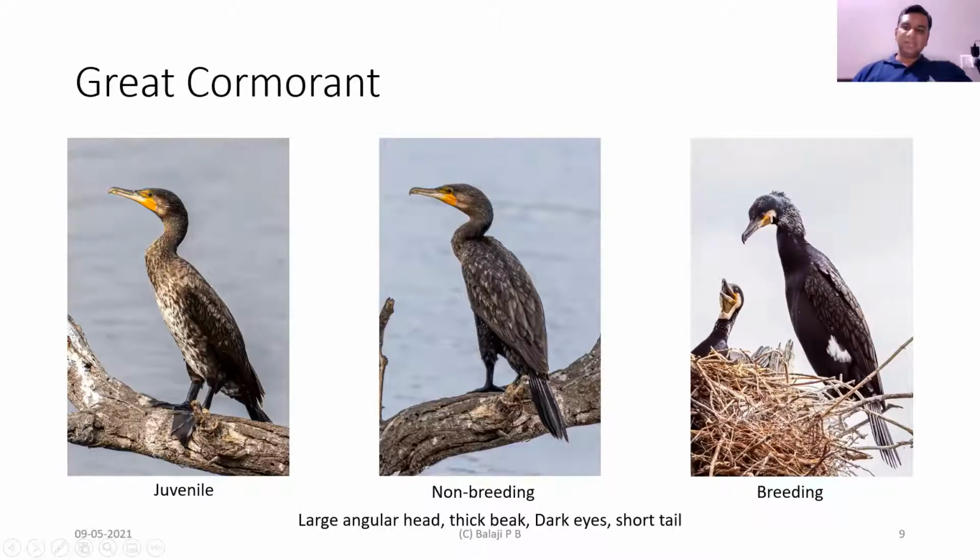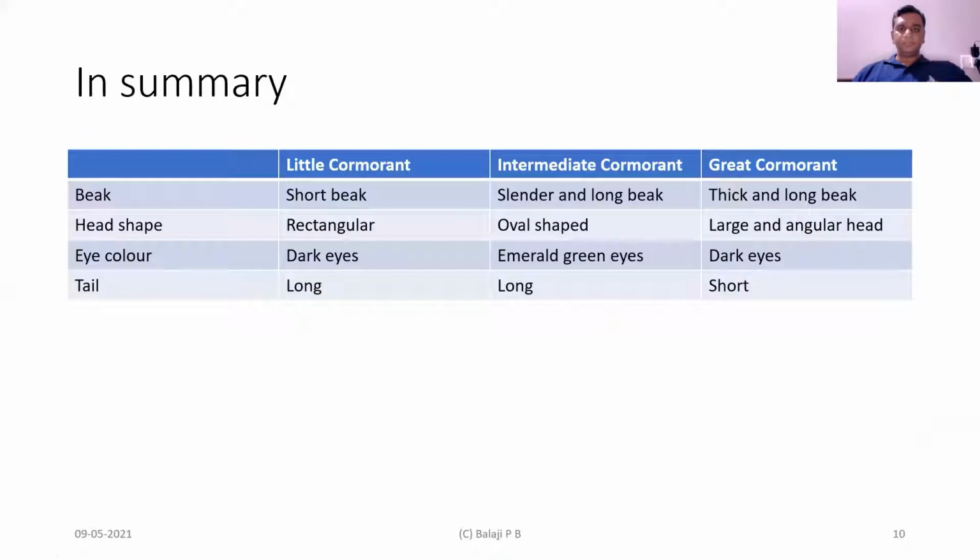The cheek and the throat usually have white patches, and on the neck there are a lot of whitish plumes that you can see here on the bird on the right, in breeding plumage. Some of the differentiating parameters for a great cormorant: a large angular head, a thick beak, dark eyes, and a short tail.